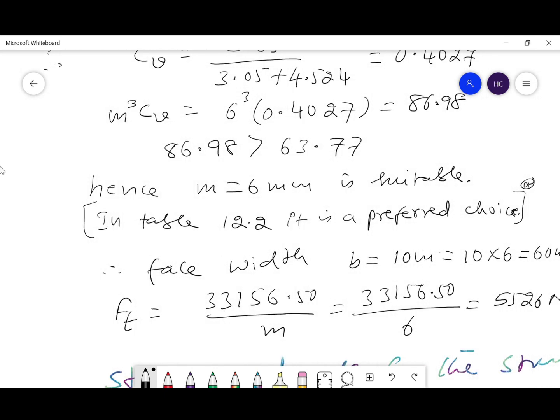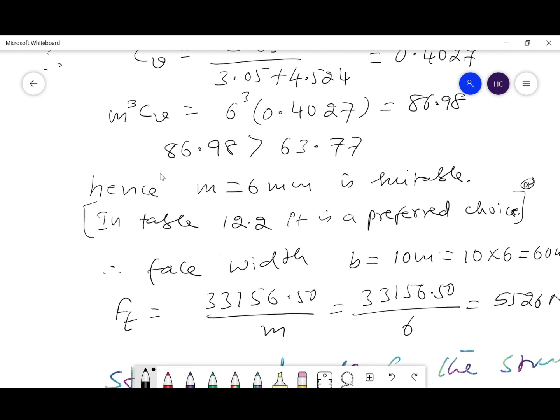So in the table we see that actually 5.5 mm is also there. If you substitute 5.5 here, that will also satisfy this condition, that is, LHS will be greater than RHS. But you know that in the table 5.5 mm is a second choice.